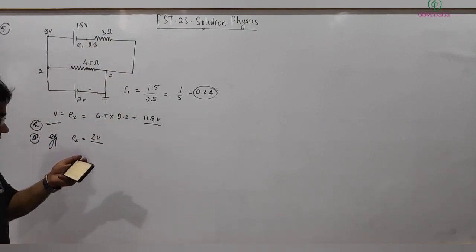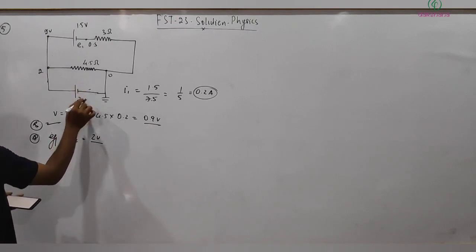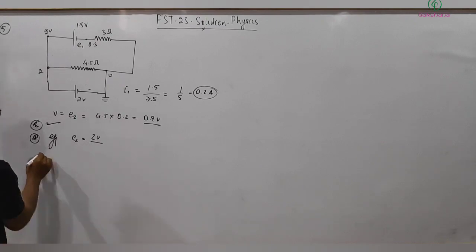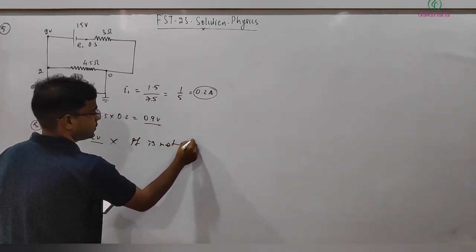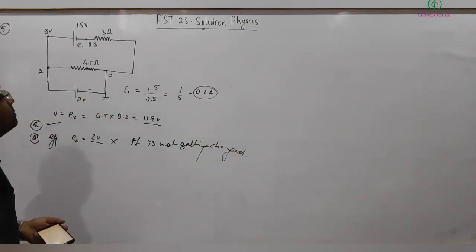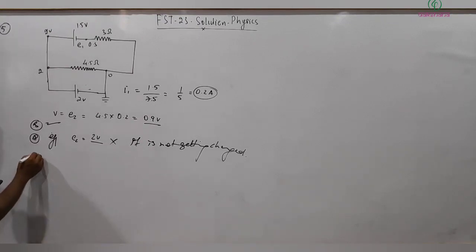So keeping same polarity, it is getting charged? No, in this situation the battery E2 is not getting charged, it's basically supplying charge. So A is not correct actually, it is not getting charged. Yes, it will be getting charged in this other situation. So if E2 is equal to 0.5, keeping same polarity, it is getting charged. That we can see, right?